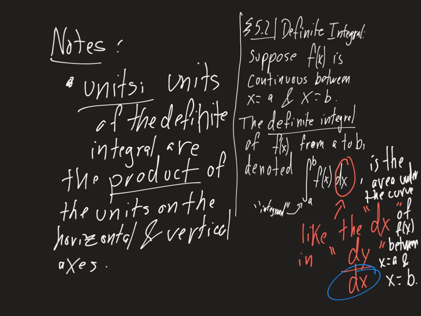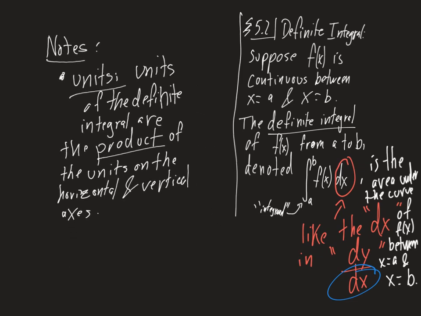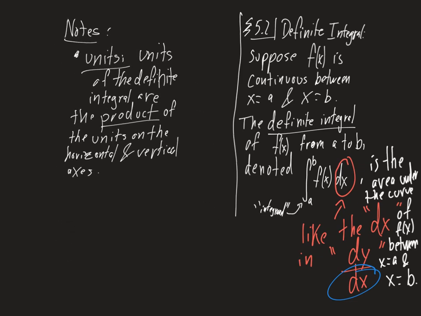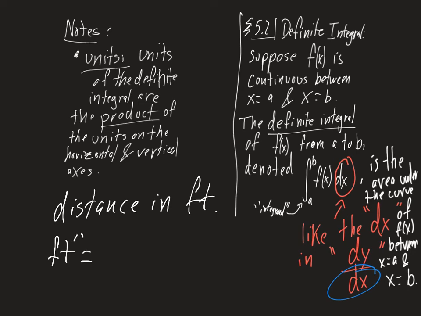So, for example, in the case that we covered involving the car, we mentioned that in the case of distance, distance is obviously measured in feet, but note that the unit of feet is equal to the unit of speed, which is feet per second, times the unit of time, which is seconds.